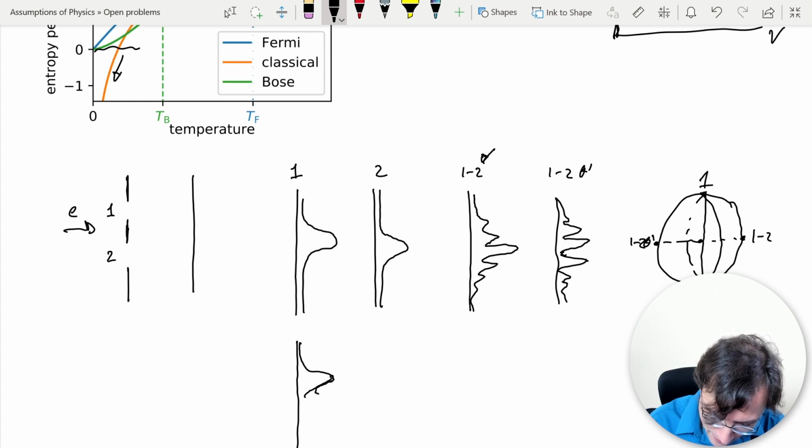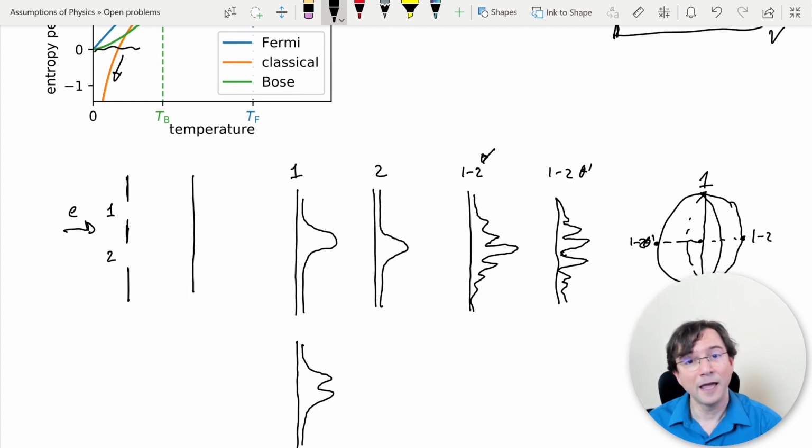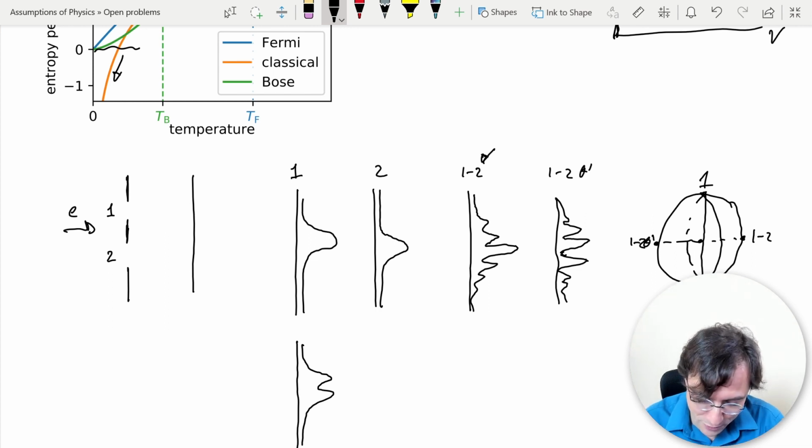It would be something like this. Let's draw it a little bit better. Because this is not a superposition, it's really a statistical mixture. What you see on the screen is the statistical mixture of these two elements, so it's this with this, average 50%.